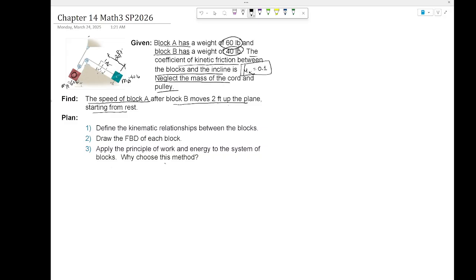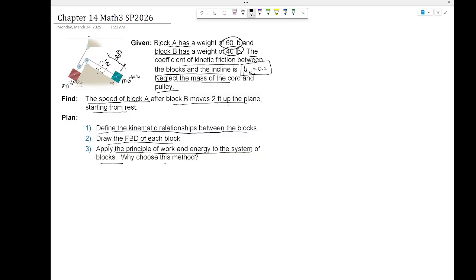Obviously you understand this will happen this way because block A is heavier, almost 1.5 times, so it will push block B up. So the plan is to determine the kinematic relationship between the blocks, draw the free body diagram with all the forces, and apply the principle of work and energy to the system of blocks. That's how I'm going to solve it.